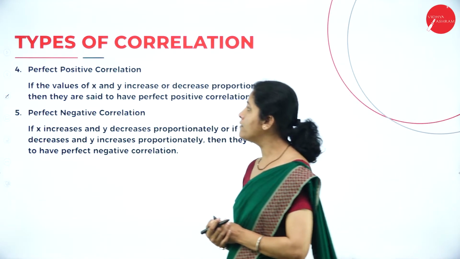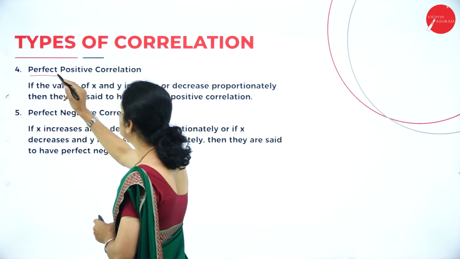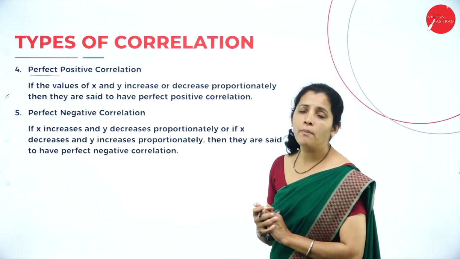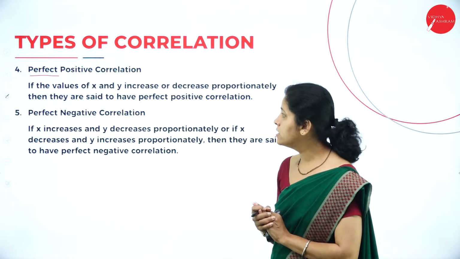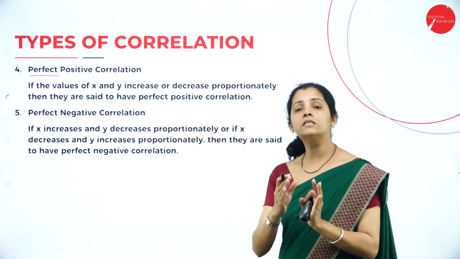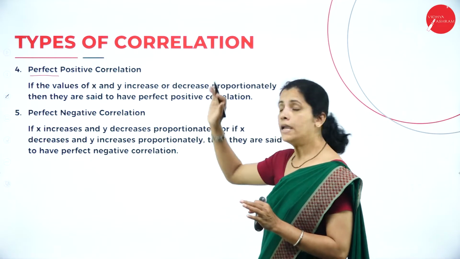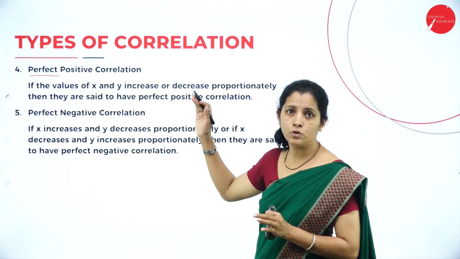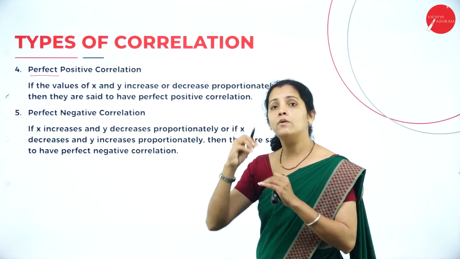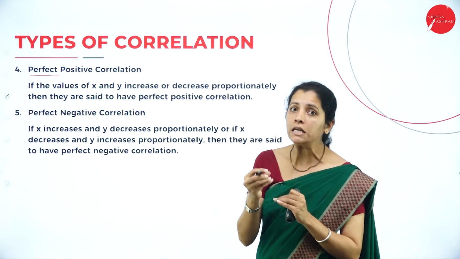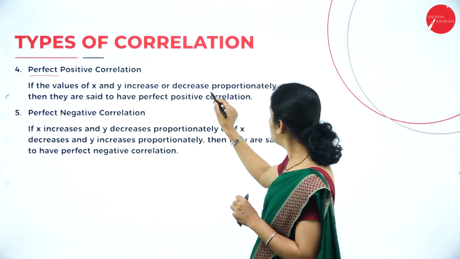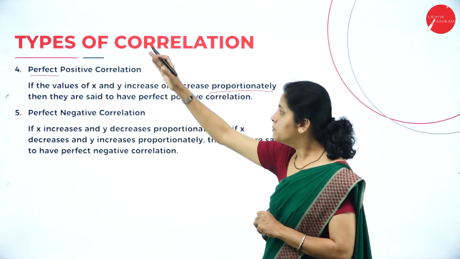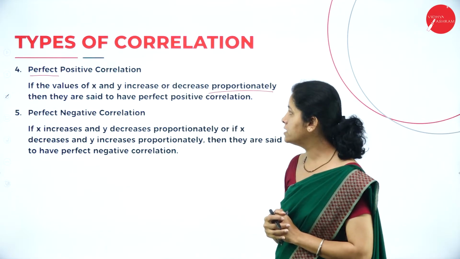And the fourth type is perfect positive correlation. What is perfect positive correlation? If the values of x and y increase or decrease proportionally, then it is said to be perfect positive correlation.